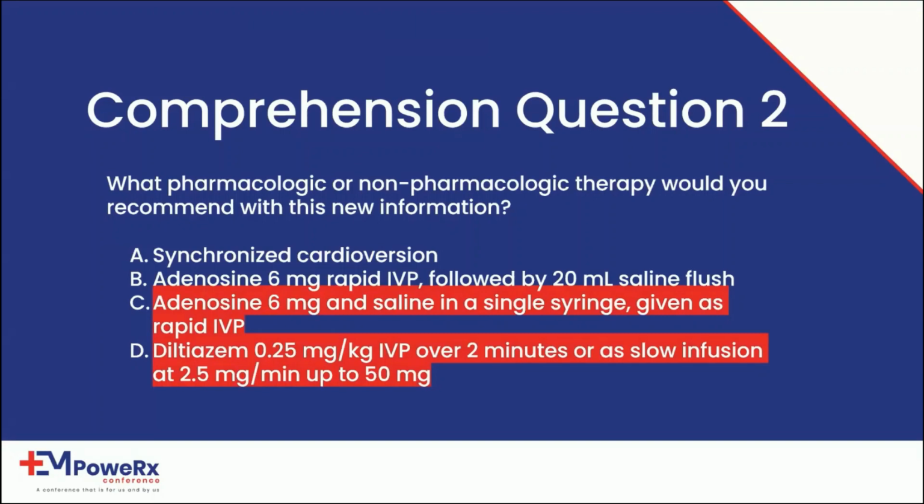I'd say if I were to select adenosine in this case, I'm definitely going to go for that single syringe, with the possibility of that being a more effective administrative strategy. And then, I think in this case, maybe given his severe reactive airway disease in the past, his horrible experience with adenosine that kind of delayed him coming in for care, I think I agree with most of you, about 70% of you put diltiazem, and I think honestly either dose is a reasonable option.